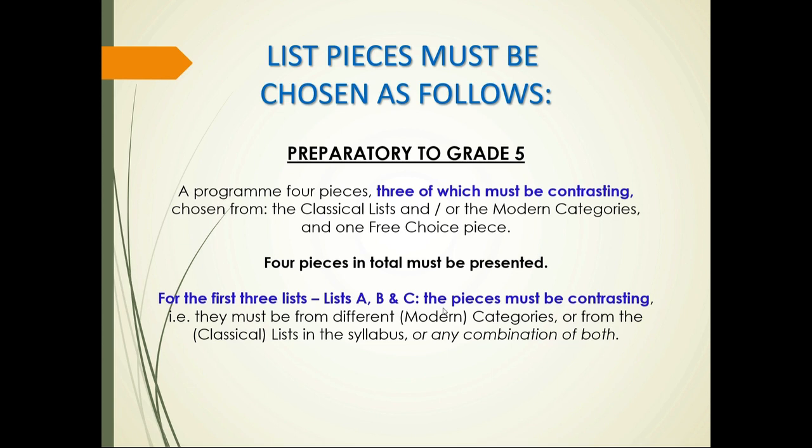For the first 3 lists, so lists A, B and C, the pieces must be contrasting. That means they must be from different modern categories or from the classical lists in the syllabus, or any combination of both.